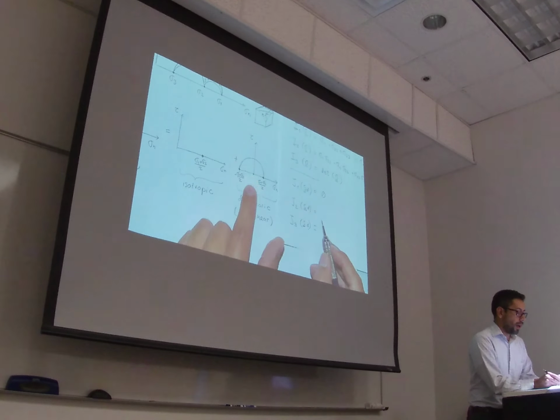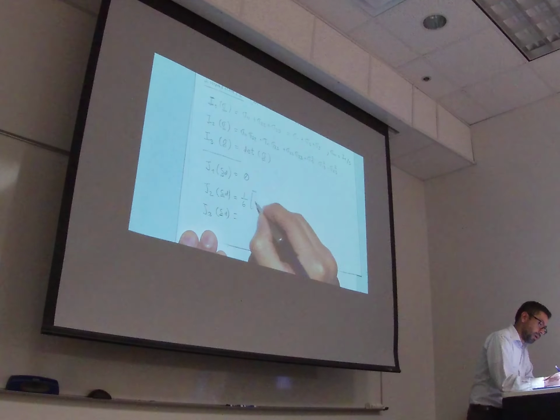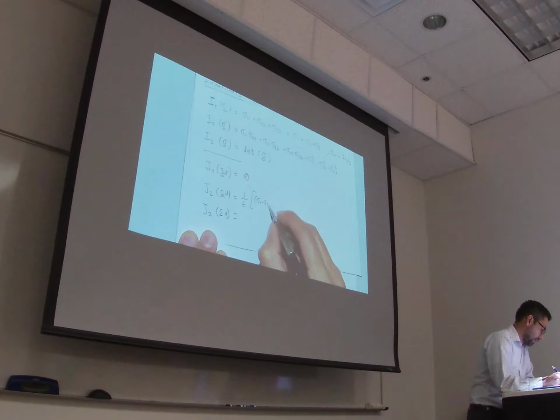And what is the J2 of the deviatoric stress tensor? Well, you can use this equation that we had in here, or you can use another simpler equation that, again, I'm not going to ask you to remember by heart, but it is written like this.